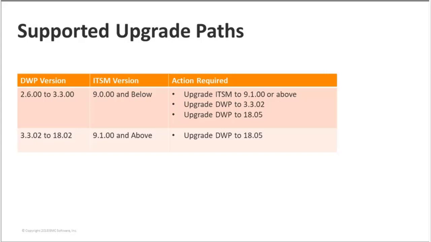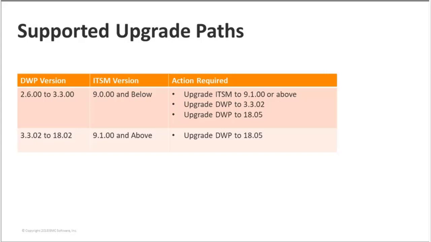So if you are on 2.6 to 3.3 version, to get to Digital Workplace 18.05, it will be a two-step process. Step 1 is upgrade to 3.3.02. Step 2 is upgrade from 3.3.02 to 18.05. And if your ITSM is 9.0 or below, then you also have to upgrade your ITSM to 9.1 or above, because 18.05 supports only 9.1 and above versions of ITSM.